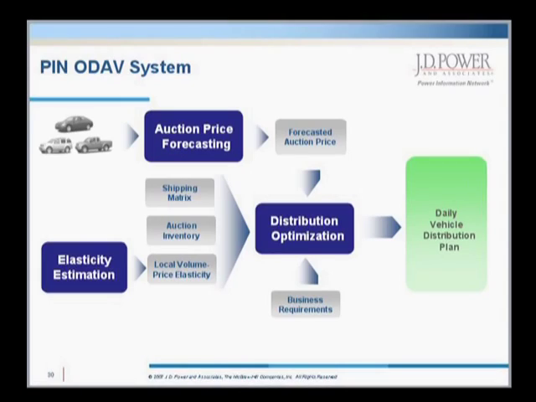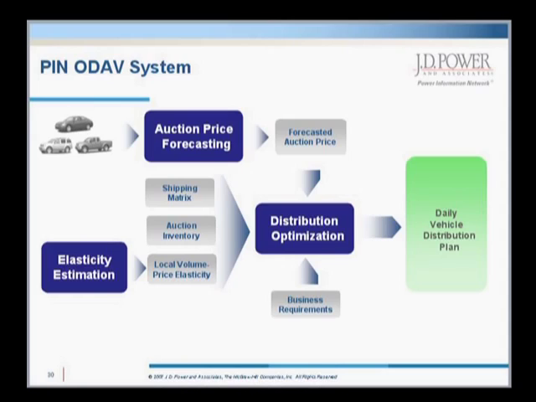Here's a chart that shows how that works. Every morning, 1 o'clock, ODAV goes out to the client's FTP site, gets the vehicle data to be distributed for the day. We forecast the auction price for each vehicle at each auction, combined with shipping metrics, auction inventory, and local volume price elasticity, also combined with the client requirements.